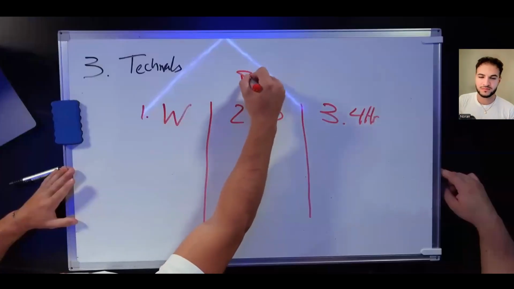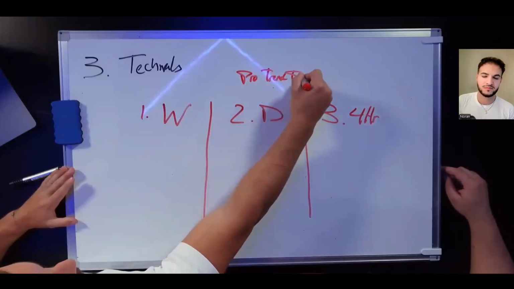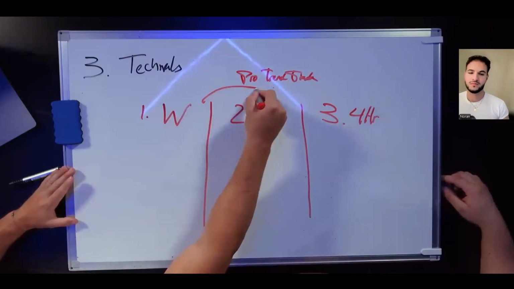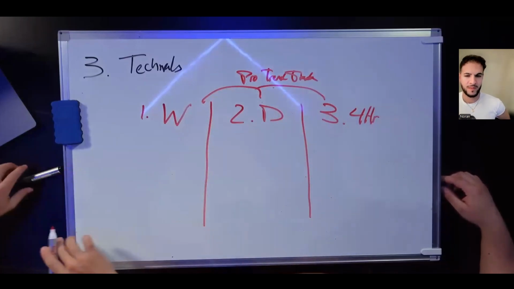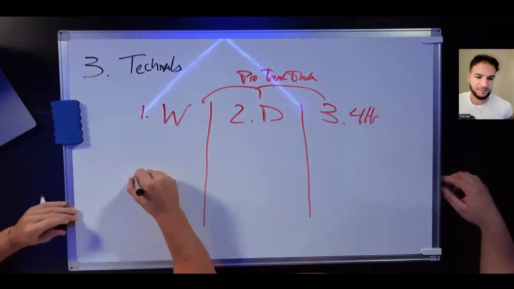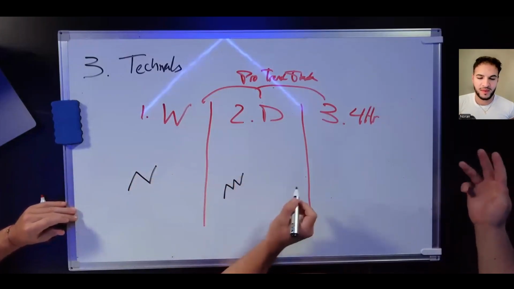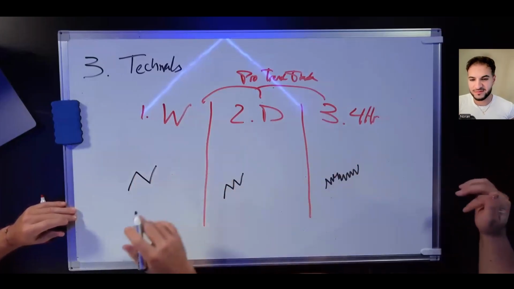Now, a pro trend trade, which is the example we're going to set here, is when all of these are working together. When this one, this one, and this one are all the same. Meaning this market, for example, is bullish, this daily time frame is bullish, and the 4 hour time frame is also bullish.